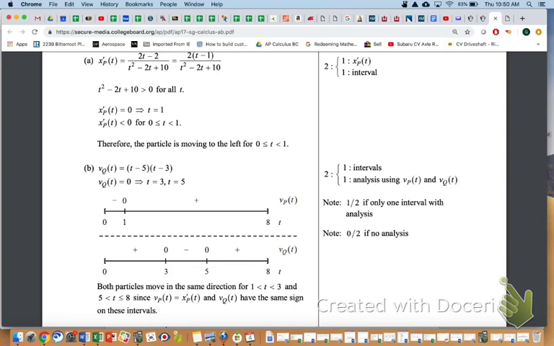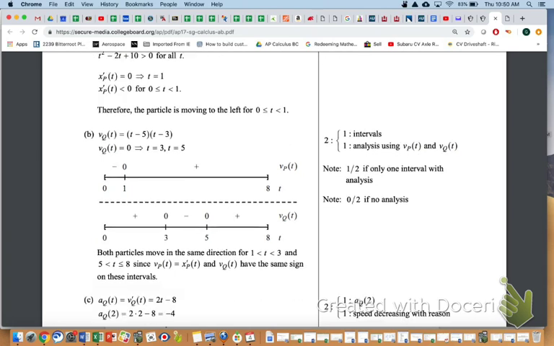The intervals where the particles are moving in the same direction would be from 1 to 3 and 5 to 8, right? So what that little note is talking about is if they only had one of the two intervals, and they had good analysis with one of those two intervals, they would get 1 out of 2. Does that make sense?